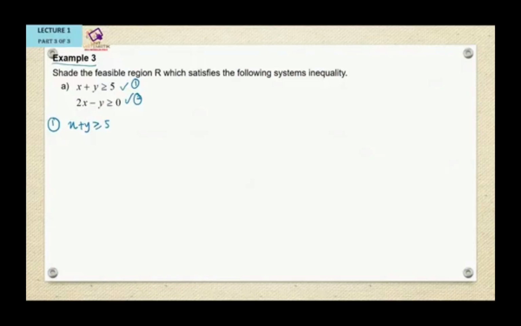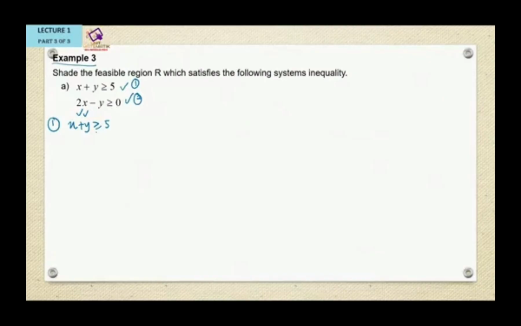First, we need to ensure that your y is on the left hand side and it is positive. For the first inequality, your y is on the left hand side and it is positive, so we don't have to make any changes. Then the second thing, we need to identify whether this is a solid line or broken, and whether this is above the line or below the line.